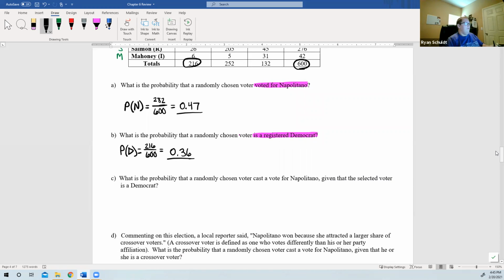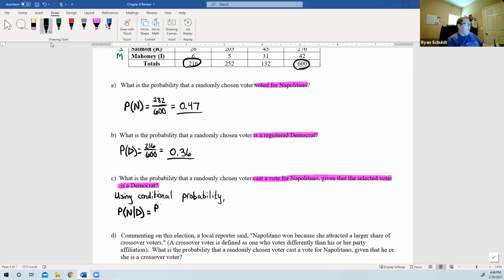C. What's the probability that a randomly chosen voter cast a vote for Napolitano given that the selected voter is a Democrat? Okay, so this is going to be conditional probability. We want the probability that they voted for Napolitano given they're a Democrat.